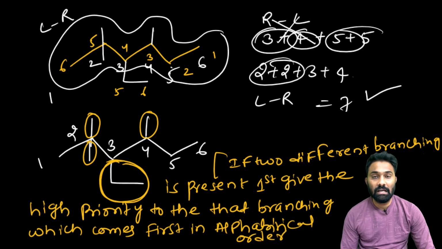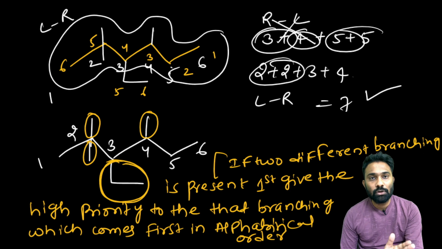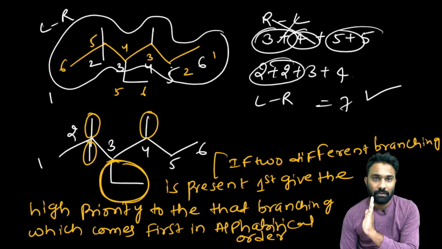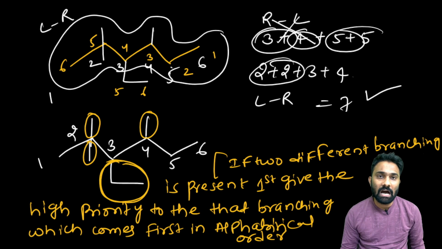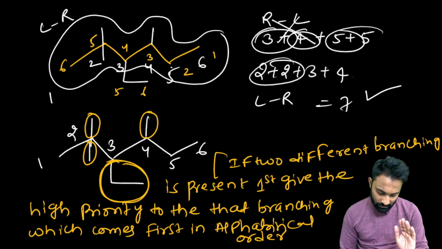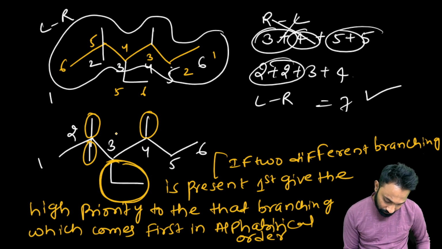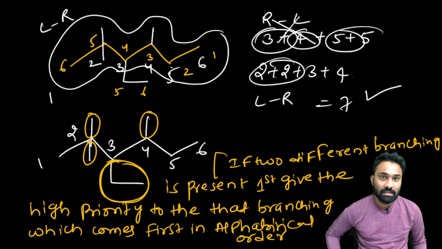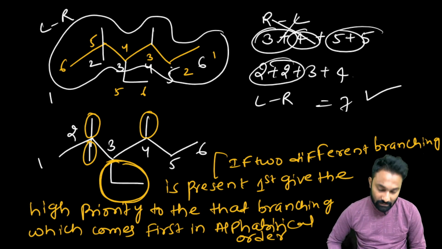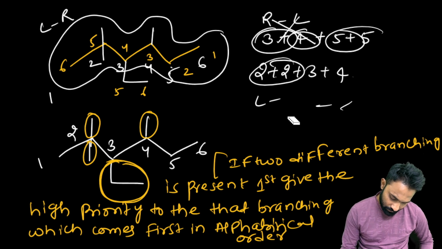In the alphabetical order, which one comes first? For that one we have to give the high priority. Clear? That one we should give the high priority while writing the IUPAC name. Now here this ethyl is at the 3 position, right? This ethyl is at the 3 position.